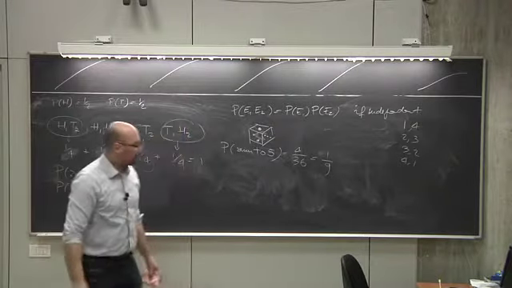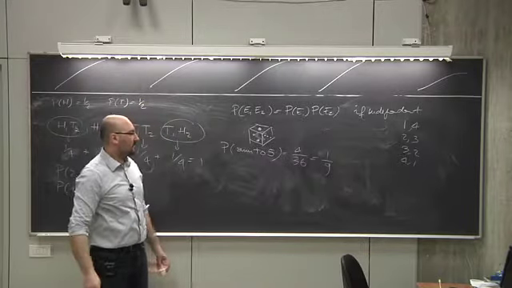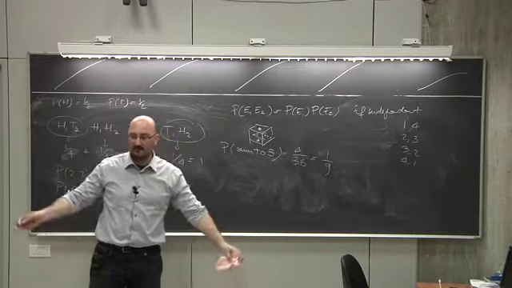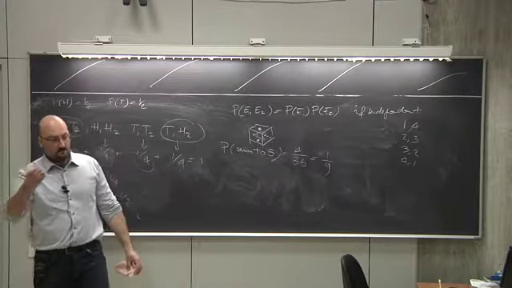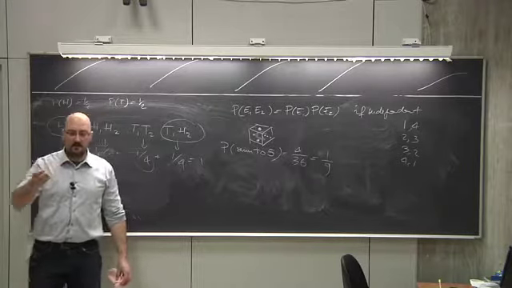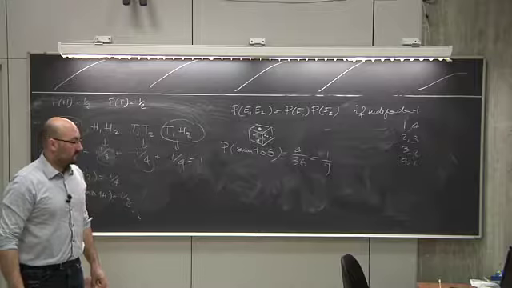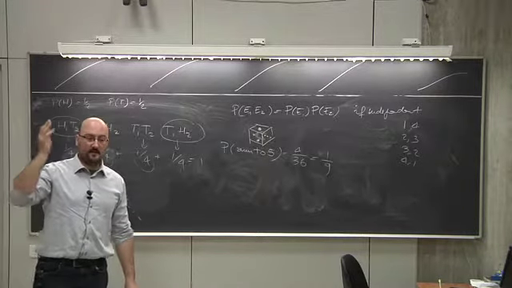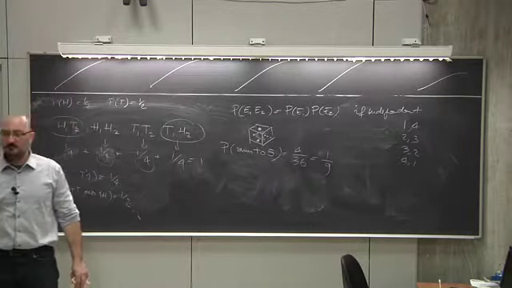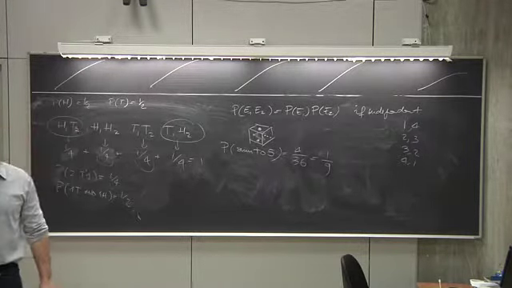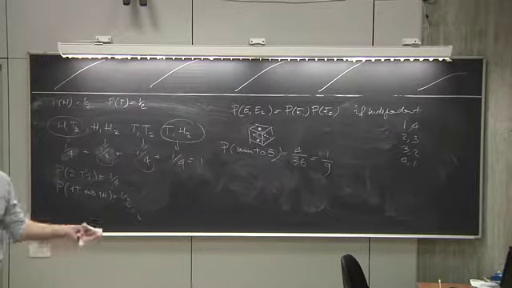Now, just for you to check, what's the maximum number you can get? 12. As an exercise, calculate the probability of getting a number from 2, which is the minimum, to 12, which is the maximum. Sum them, and you have to get 1, because you have to get one number between 2 and 12.